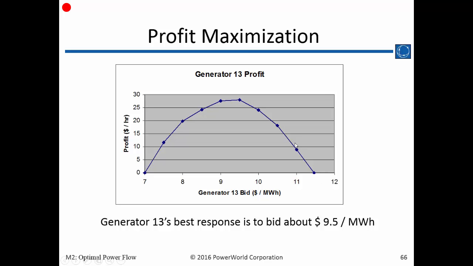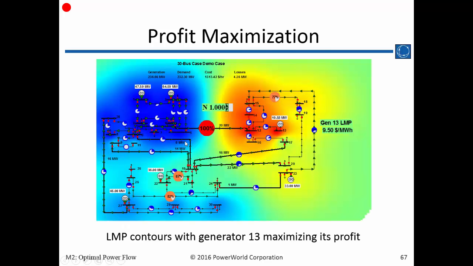That's why the curve falls back here. If it's bidding out here, its output is going to be 0, and it doesn't make any money. If it's bidding down here, it exerts an influence over the local LMP, and it doesn't make as much.